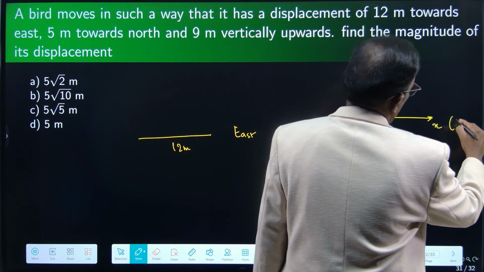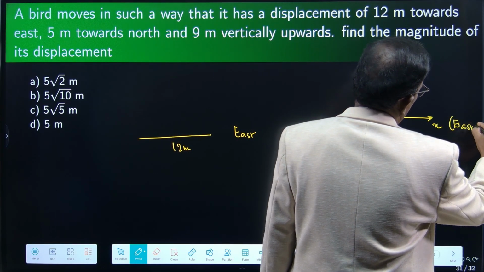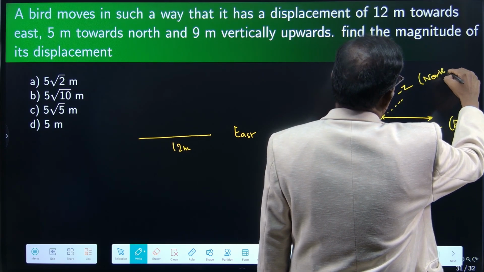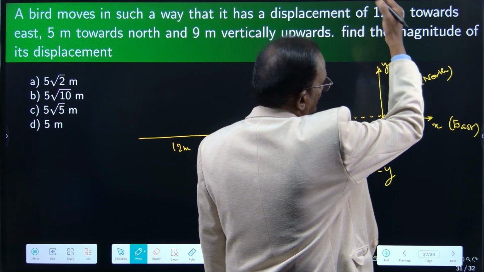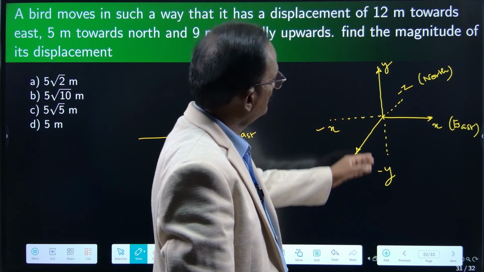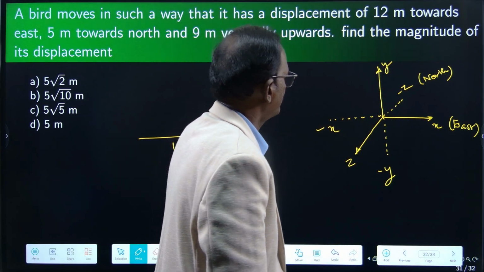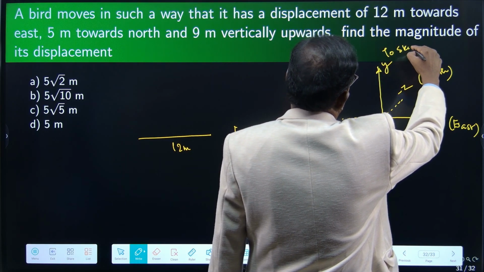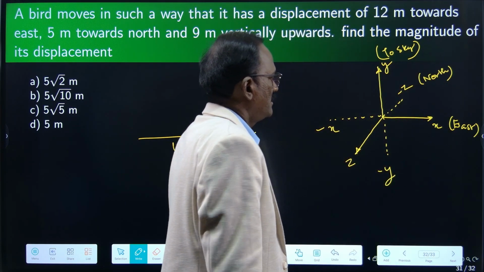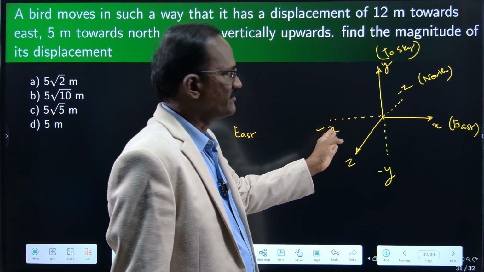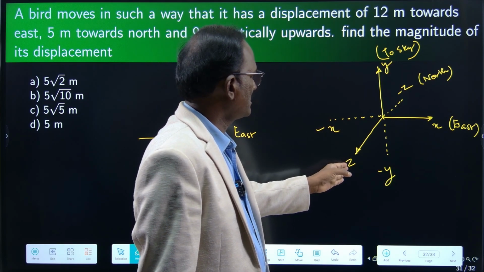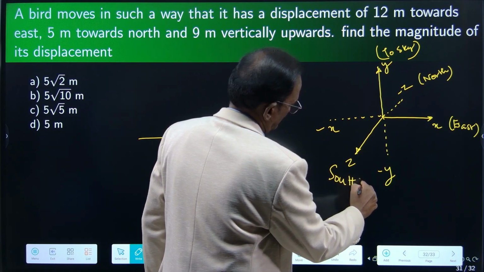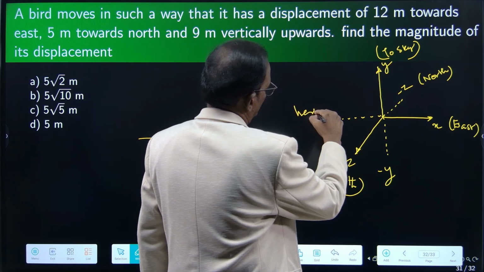We will consider this is east direction and minus z is north direction and y is top, to sky. So minus x means it is west direction, plus z means it is south direction.